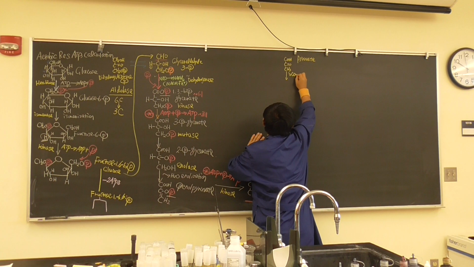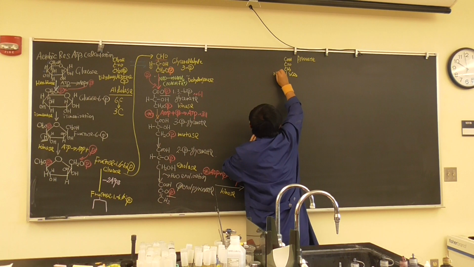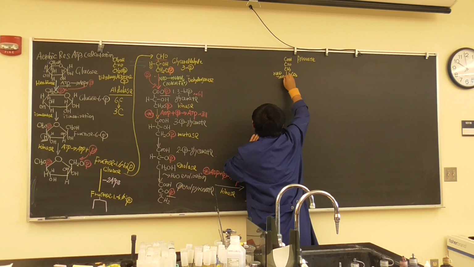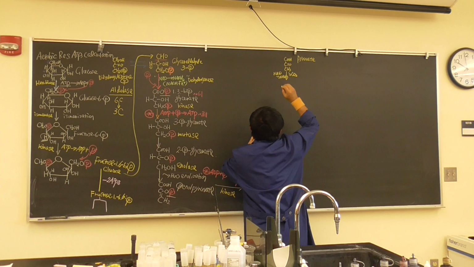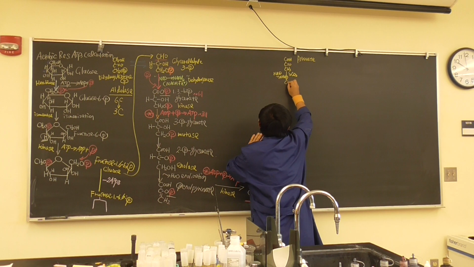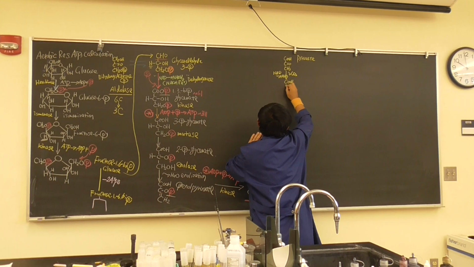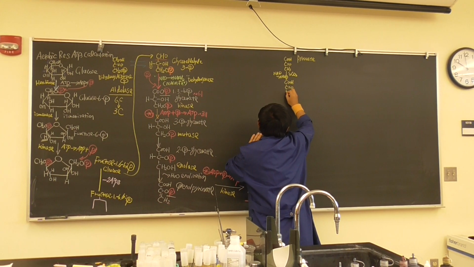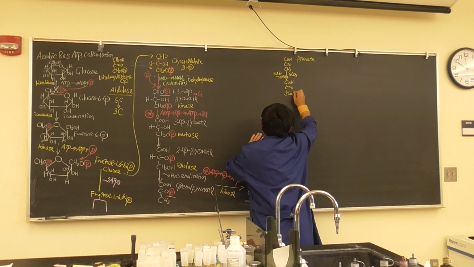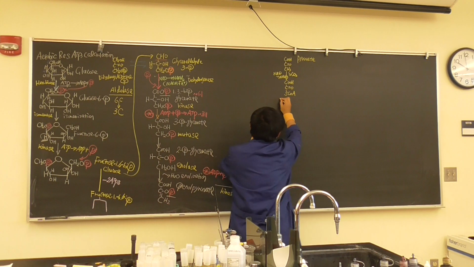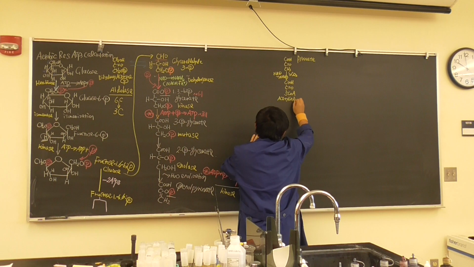Losing carbon dioxide, also NAD is reduced to NADH2, and it becomes a very long chemical actually, but we don't talk about that too much. It is acetyl-CoA. So this chemical is acetyl-CoA.